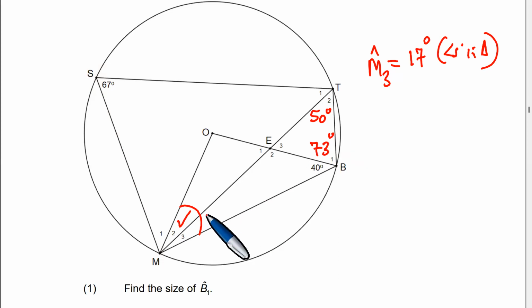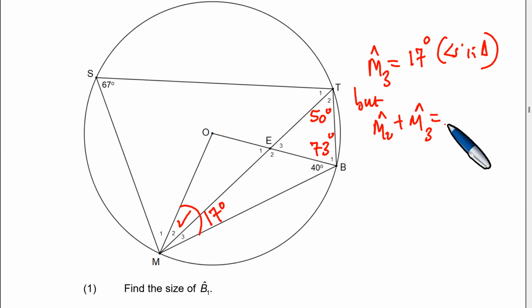So if this one is 17 degrees, but we know that M2 plus M3 is actually 40 degrees. Right. So, angle M2 plus M3 is actually equal to 40 degrees.